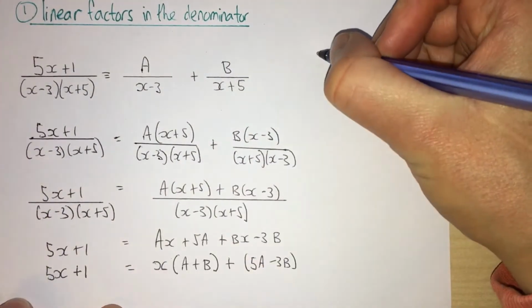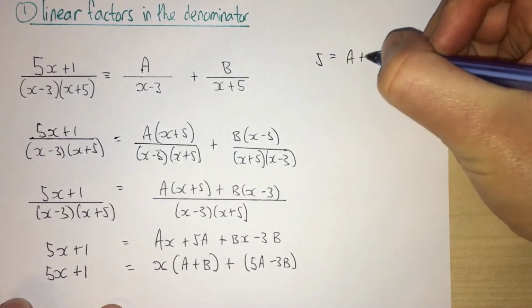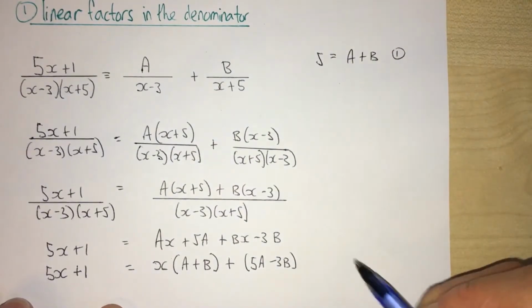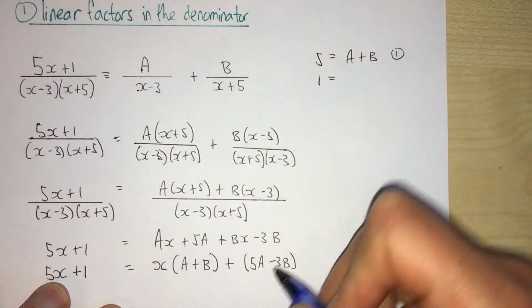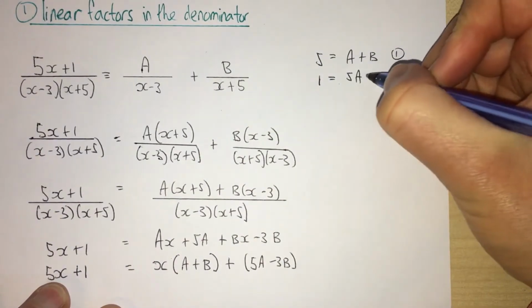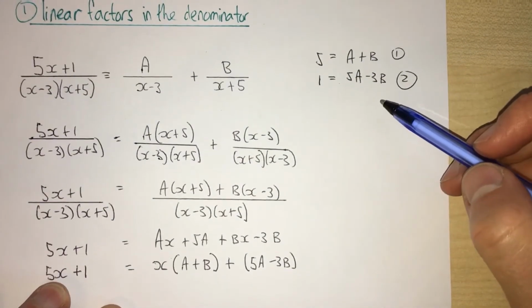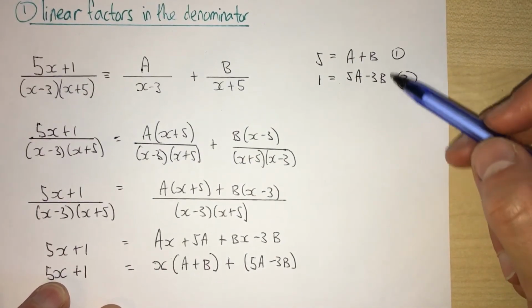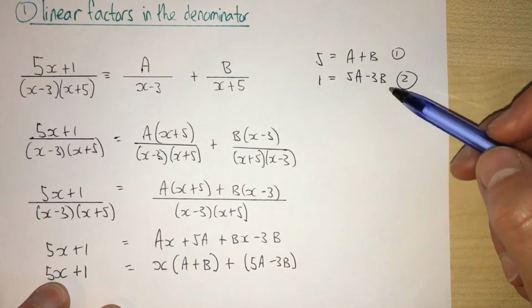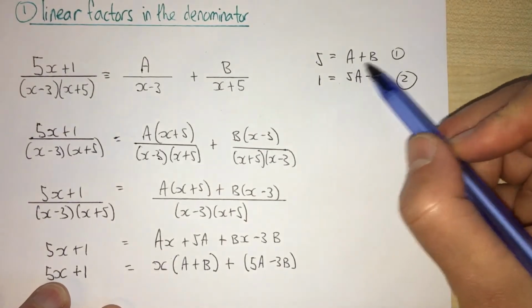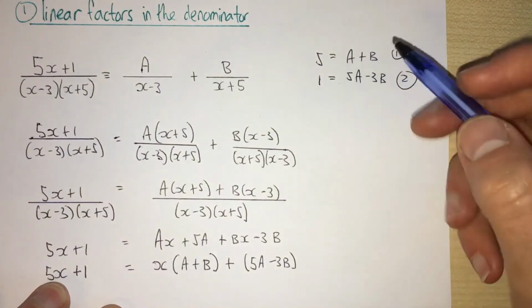Let's check that out then. So 5 equals a plus b, we'll call that equation 1, and then 1 equals 5a minus 3b. Now you need a method for solving these simultaneous equations. For example, you could take this first one and multiply it by 5.